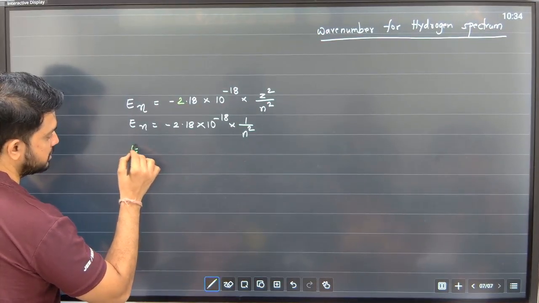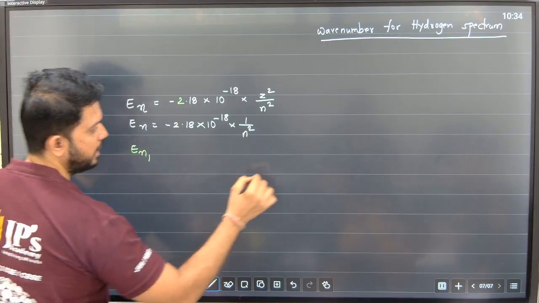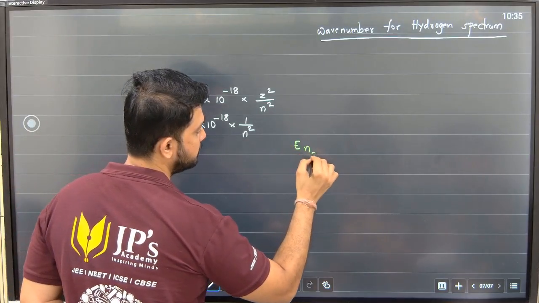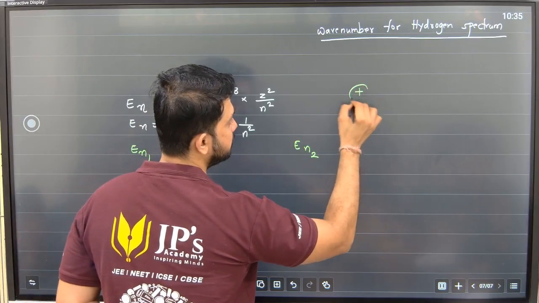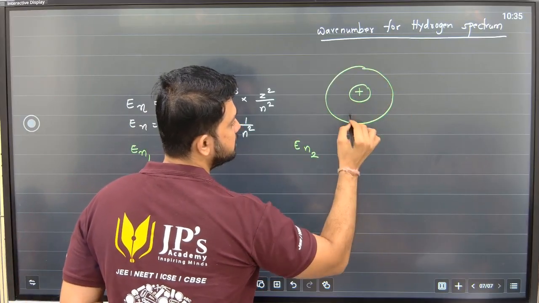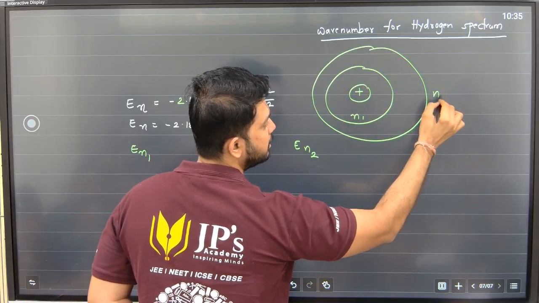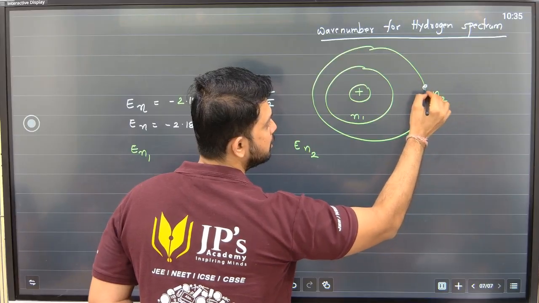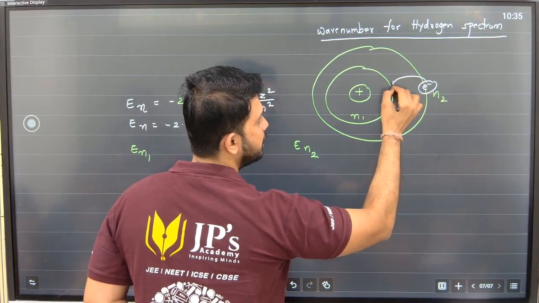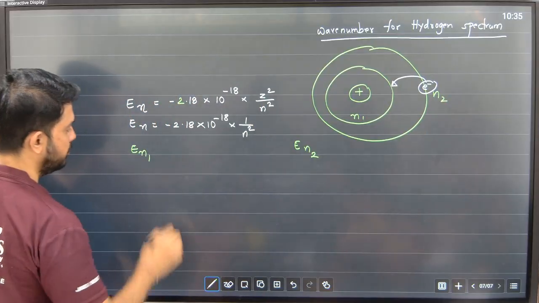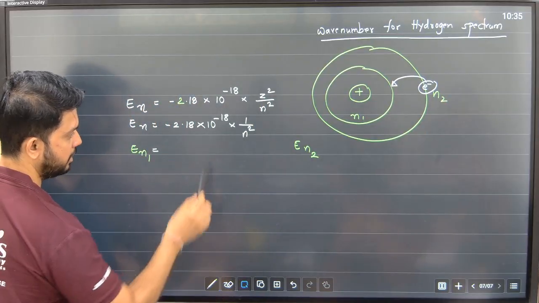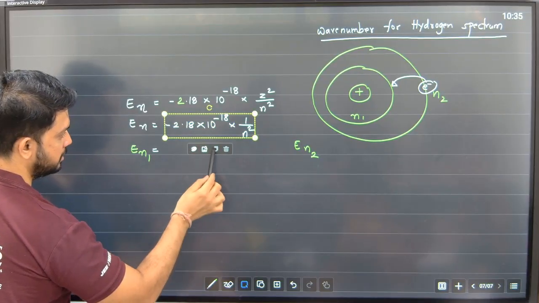The electron is transitioning from n2 to n1. Let's say this is n1 and this is n2. The electron is coming from here to here. So what will be the energy in the n1 orbit?